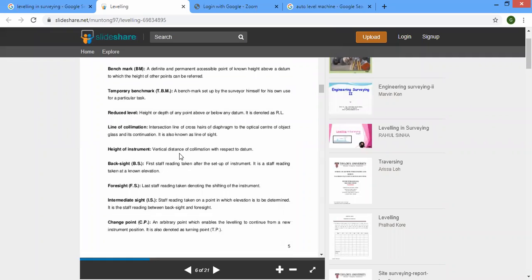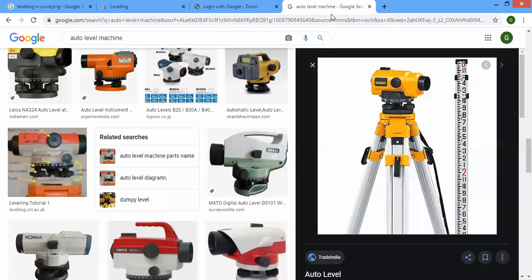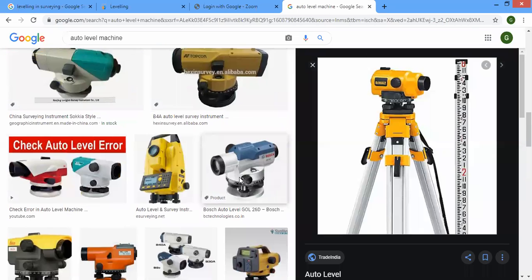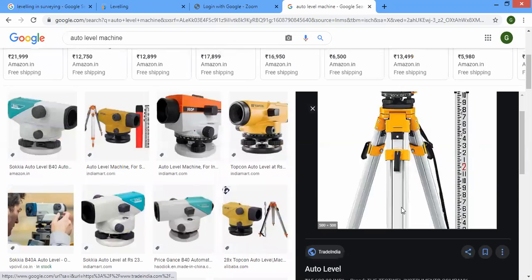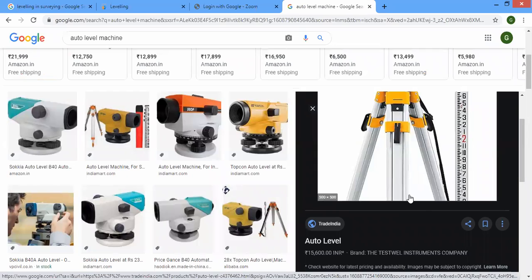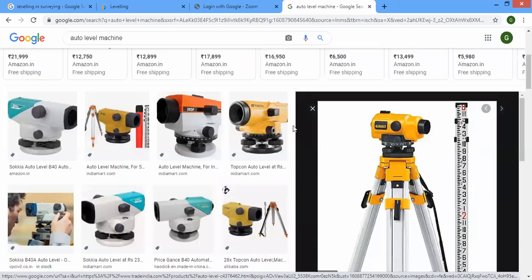Next, height of instrument: the vertical distance of the line of collimation with respect to datum. Once the instrument is set up on the tripod, the height of that instrument from the ground level to the line of collimation, that is, to the horizontal axis of the telescope, is called the height of the instrument.